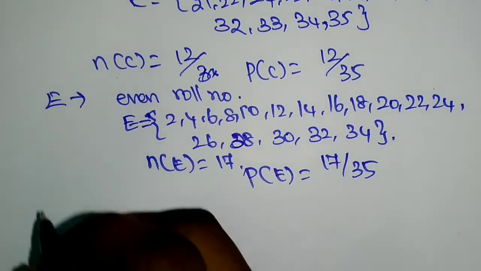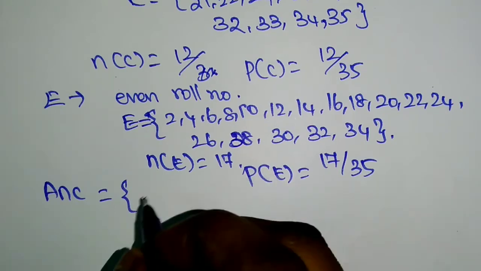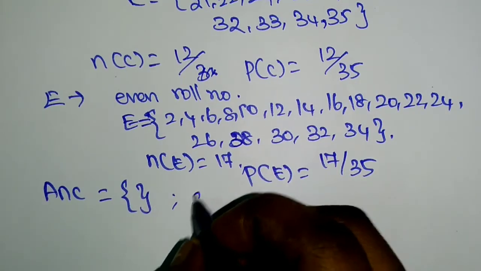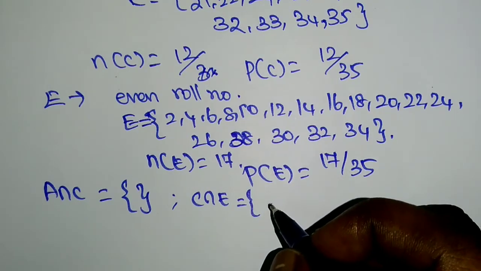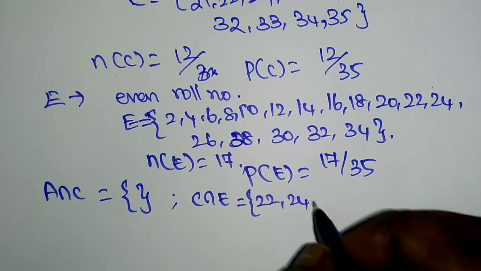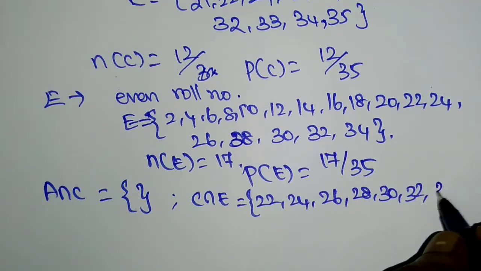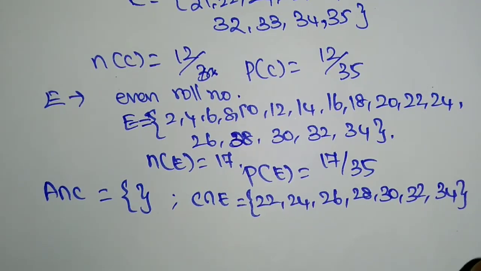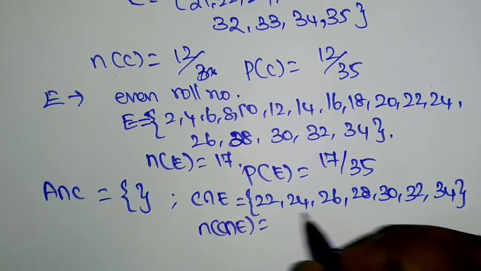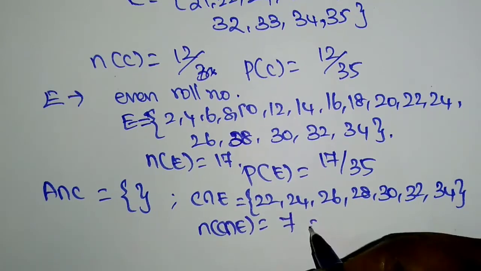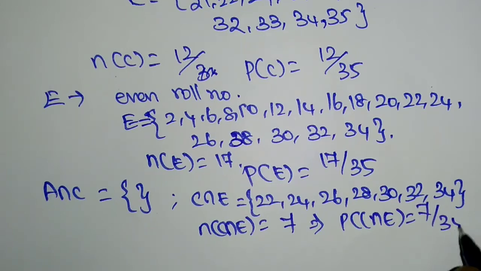Now we have to find the intersections. A intersection C is the empty set. C intersection E is equal to 22, 24, 26, 28, 30, 32, 34, so n of C intersection E is equal to 7, and P of C intersection E is equal to 7 by 35.